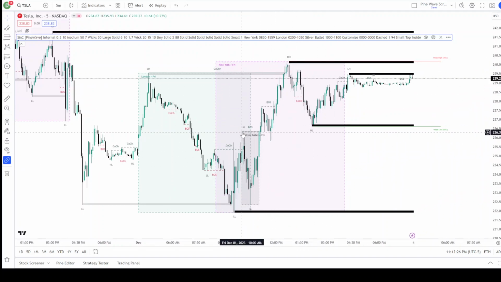And what you really want to focus on is the overlap of the London, the New York, inside the silver bullet, which is where you can find a really sweet entry. But high volatility going on during these two sessions combined. That's the only time that, all of this time here, the two sessions are combined, but then specifically inside the silver bullet, where London is closing and New York is kind of in full effect.